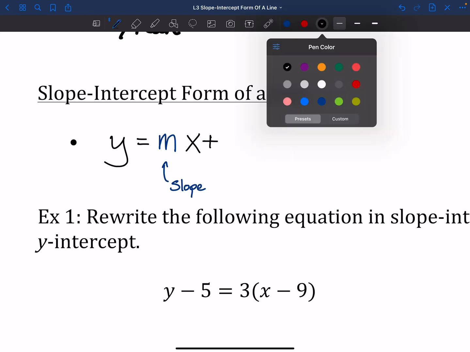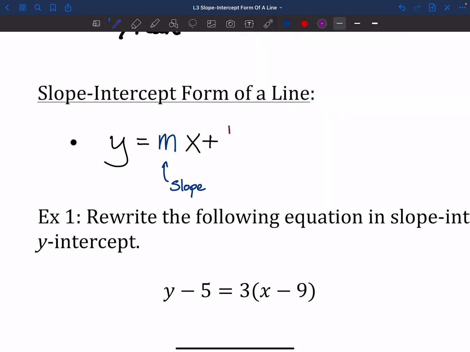Then mx plus, and at the end we put a b, and the b is the y-intercept. Believe it or not, that's why they call it slope-intercept: it works with the slope and the y-intercept. Y equals mx plus b might be something that's ringing a bell from the past.